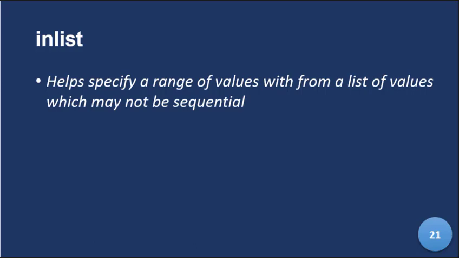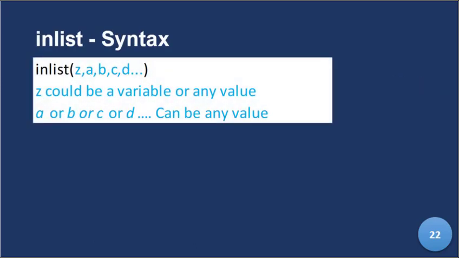But for in list, you have to say 1, 2, 3, 4, and 5 to get the same results. But basically, it's meant for a non-linear, non-sequential group of numbers or values. So you may have one, you may have two, then you have four and five without three. So this is when you use in list.